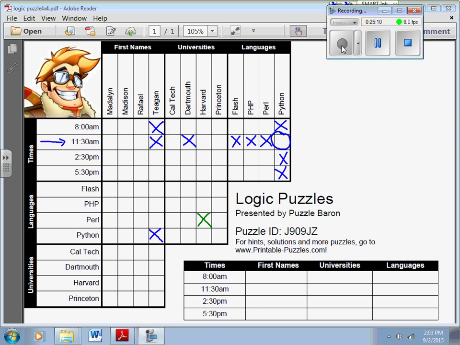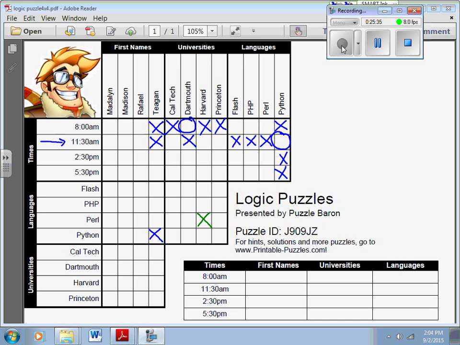So what time did the Dartmouth graduate arrive then? At 8. Whoever the Dartmouth graduate is arrived at 8. That means that person that arrived at 8 did not go to Caltech, Harvard, or Princeton. Everybody agree?